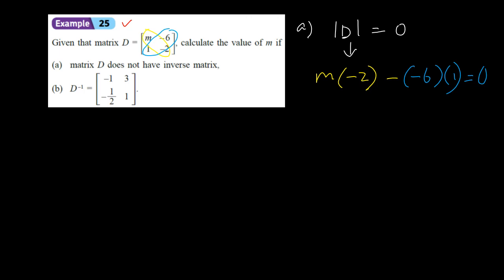So you get your answer, negative 2m plus 6 equals 0. So your m is 3.